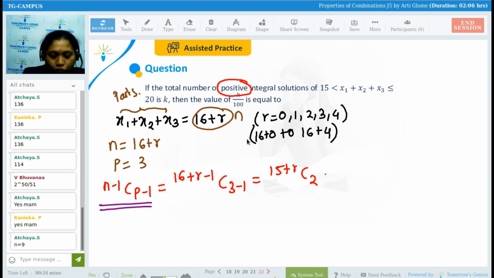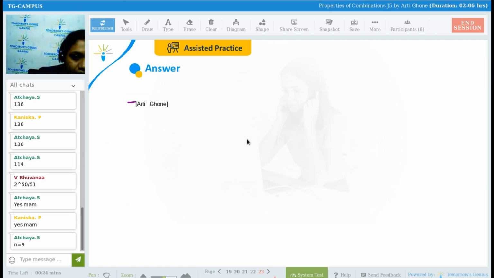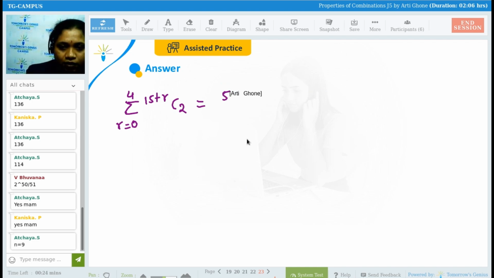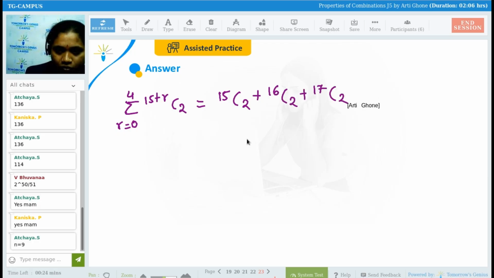Now r is taken from 0 to 4. So we can write it as the summation of 15 plus r C2, r running from 0 to 4, which is equal to 15C2 plus 16C2 plus 17C2, and so on.